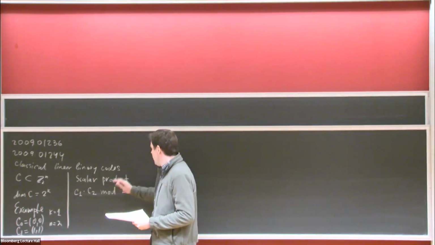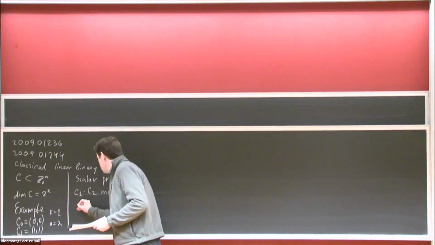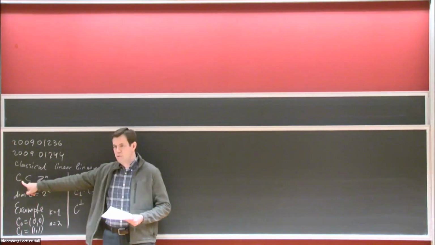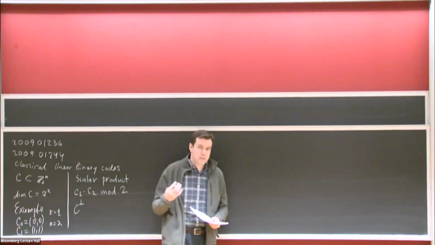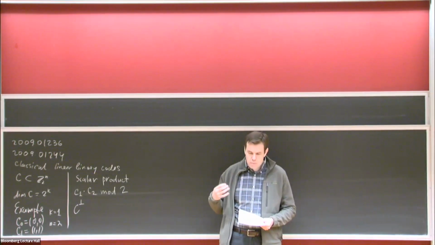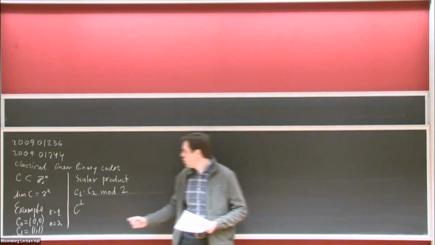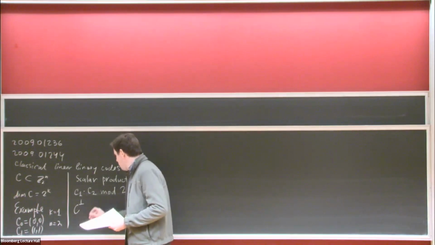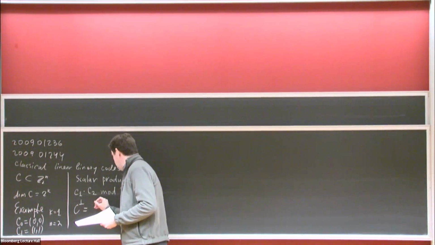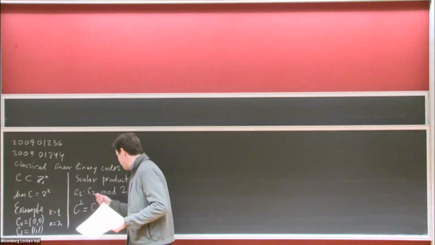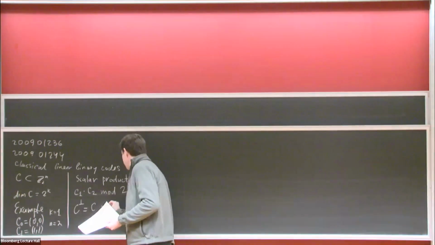Once we introduce the scalar product, we can introduce the notion of a dual code, which is a vector space dual to this. The dual vector space is defined as the set of all vectors which are orthogonal to all vectors from the code. Now, if a code is self-dual, we call it a self-dual code.